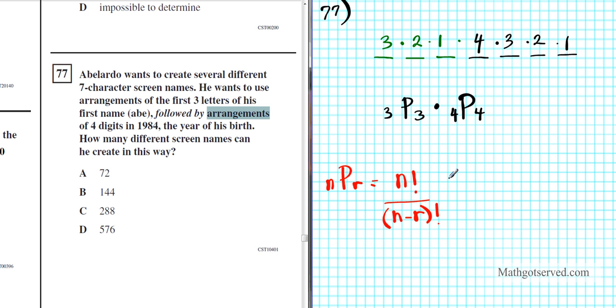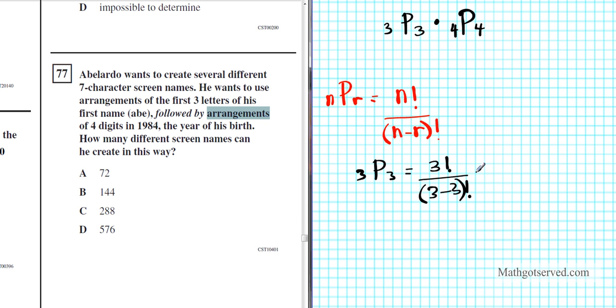So if I apply this to this problem, 3 arrange 3 is going to be 3 factorial over 3 minus 3 factorial, which equals 3 factorial over 0 factorial, which equals 3 times 2 times 1. 0 factorial by definition is 1, okay?